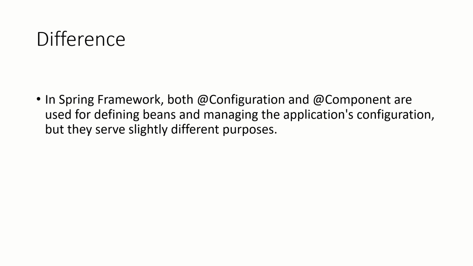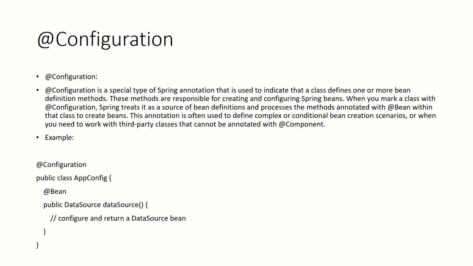Let me go to the next slide and explain the scenario of configuration, where the configuration annotation is used and how we can use it. Configuration is a special type of Spring Boot annotation that is used to indicate that a class defines one or more bean definition methods. Let's say you have created one class called app_config, and you want to define a couple of beans inside that class.